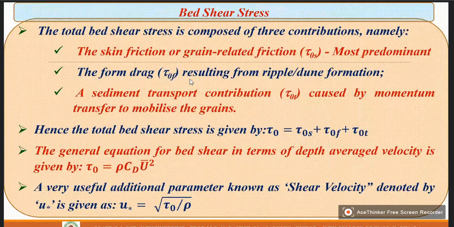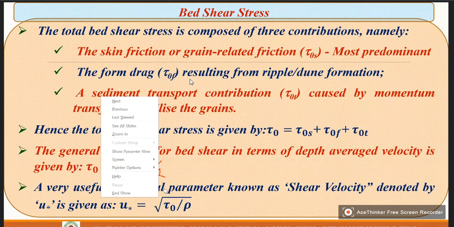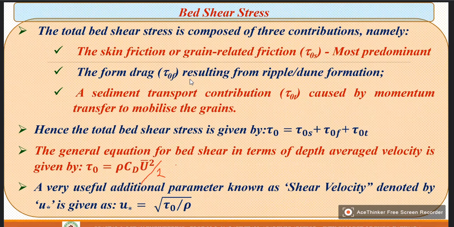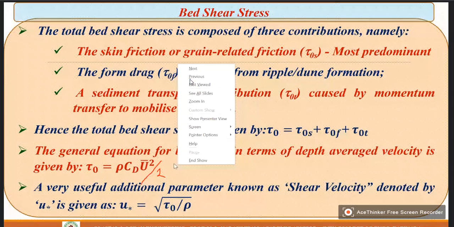Actually here, this U bar is a depth average velocity.